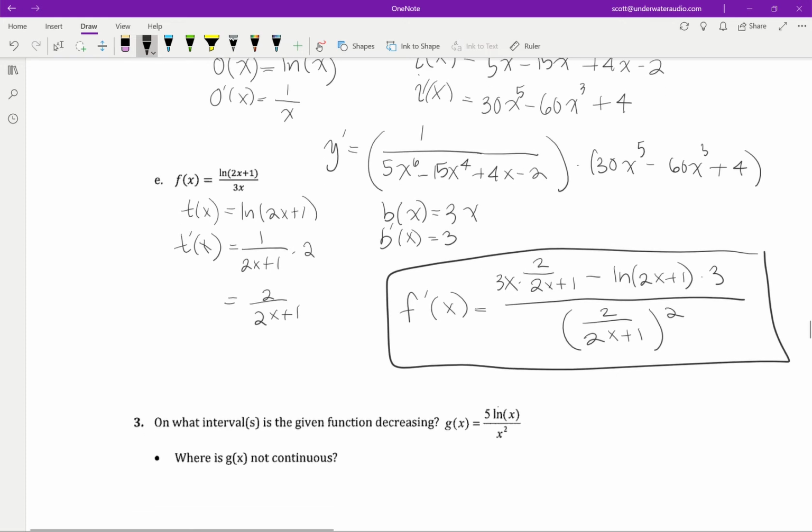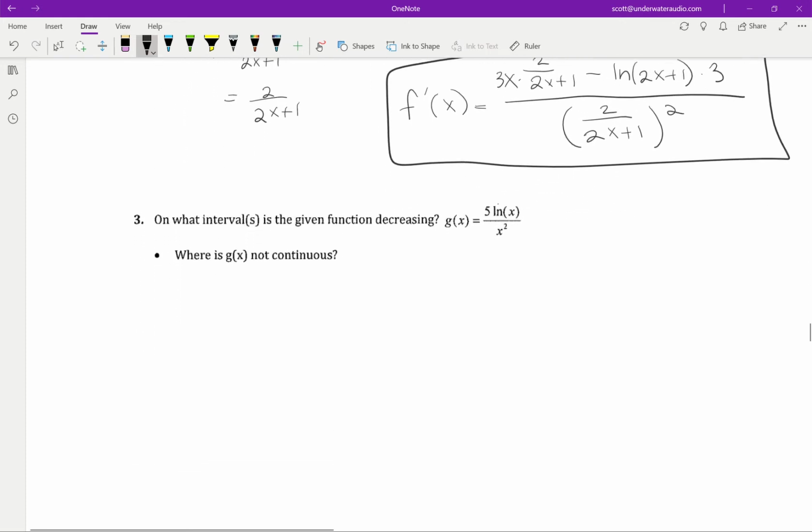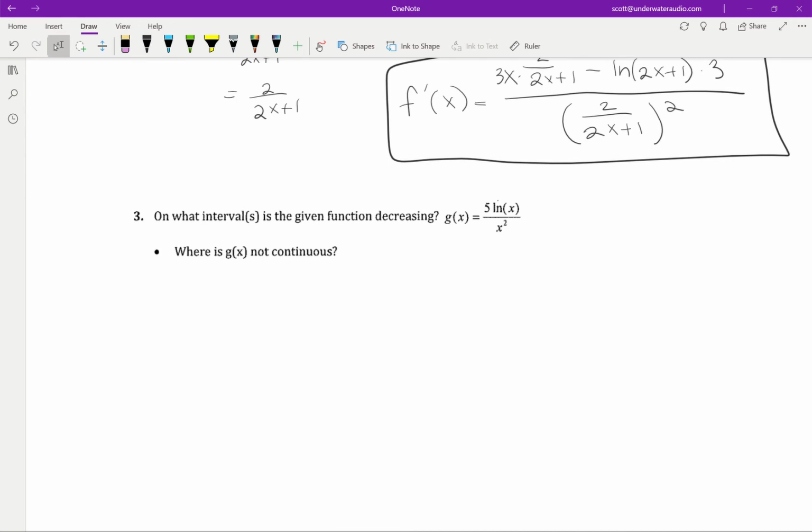Okay, question 3, excuse me. On what interval or intervals is the given function decreasing? So this looks like a quotient again. Top is 5 natural log of x, and bottom is x squared. There's a hint here to think about where g of x is not continuous.